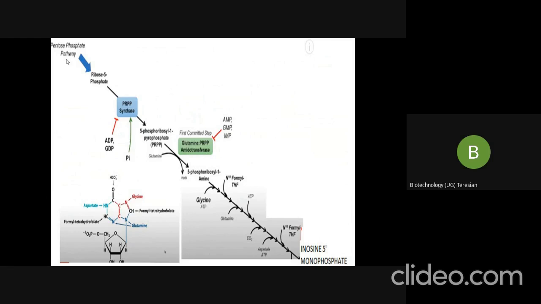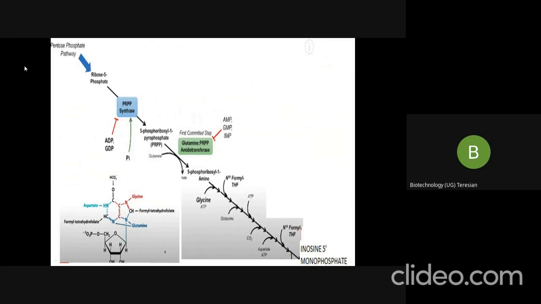But here, first the pentose phosphate occurs. That is, first a sugar group is produced, and on top of it, your nitrogen bases will get attached. But in pyrimidine synthesis, first your nitrogen base is produced, and once formed, it goes and sits on your ribose sugar. So that's the important point you have to remember.